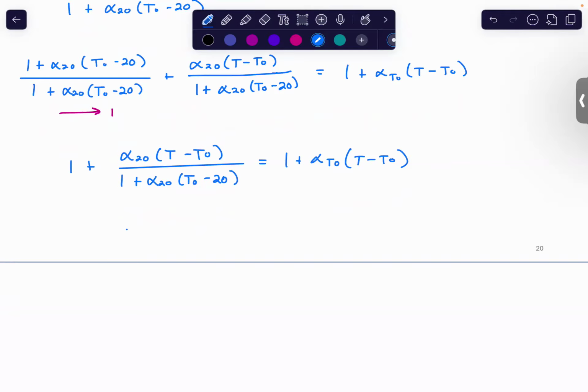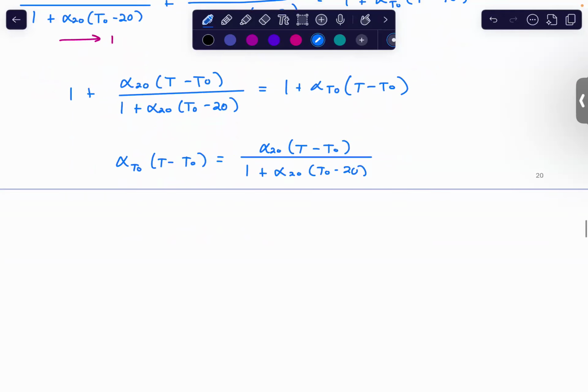So that's going to give me, all right. Then I divide through by T over T0.